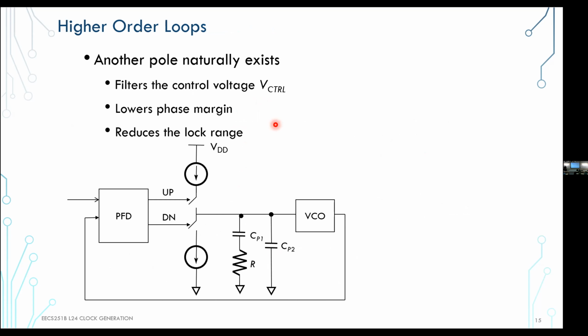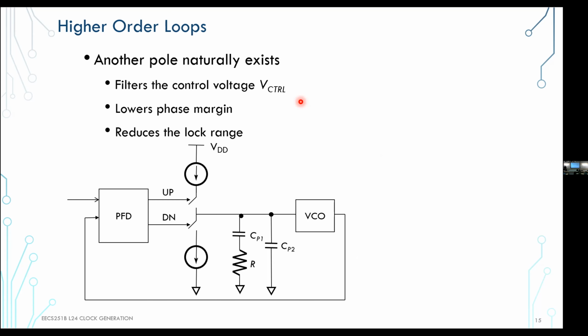So there's another natural pole that exists through this. And yes, it gives you additional filtering of the control voltage noise, but it lowers the phase margin. So you need to take it into account when you're doing your loop dynamics to be able to properly position how you want the loop to respond to this.